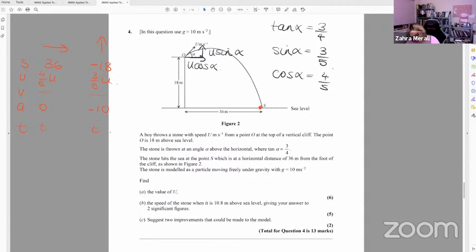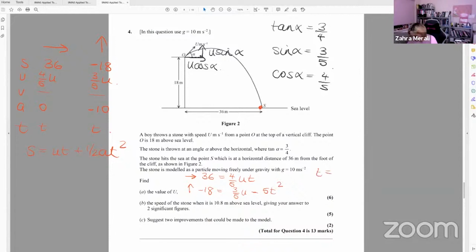So s equals ut plus a half at squared. When we consider that horizontally, we get 36 equals 4/5 ut, because obviously there isn't any acceleration. And if we consider it vertically, we get minus 18 equals 3/5 u t minus a half g, so 5t squared. We want u, so we want to eliminate t.